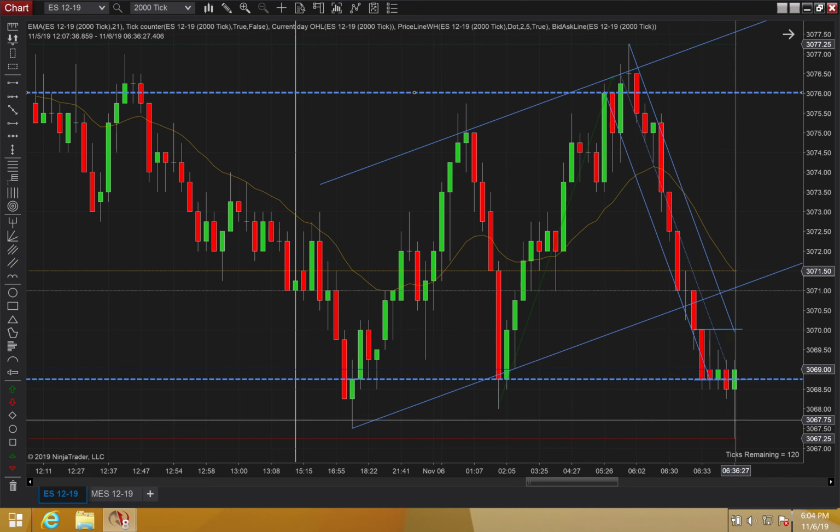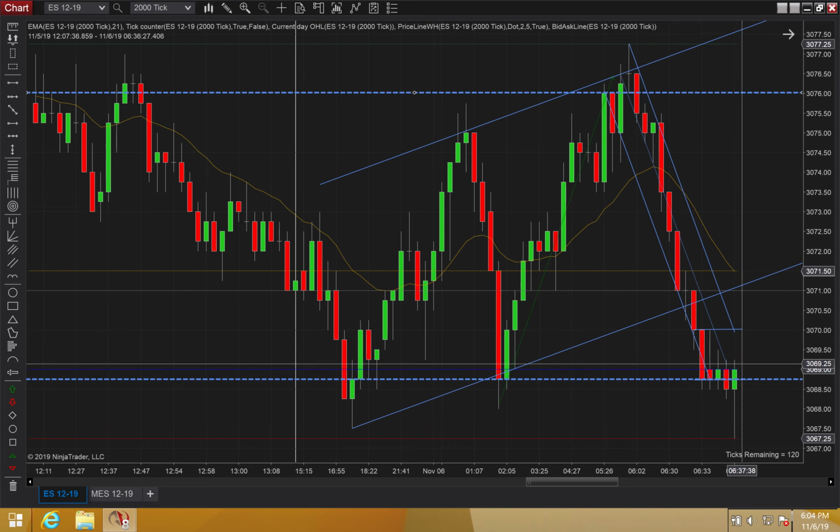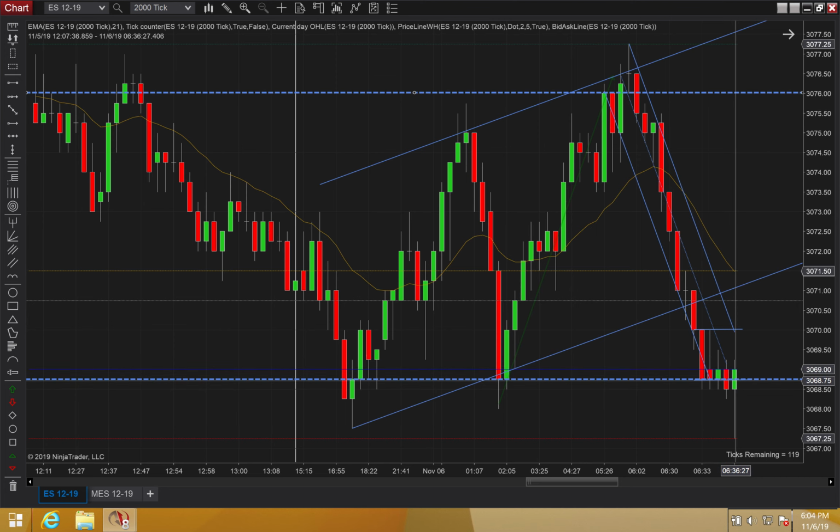Okay, this is a big signal bar. You could consider going long here. I'm not going to take this, but it is a second entry from this high. First move up, move down. When it breaks above this big green bar, that's a second entry. And it's 6:36, so the market opened 6 minutes ago.